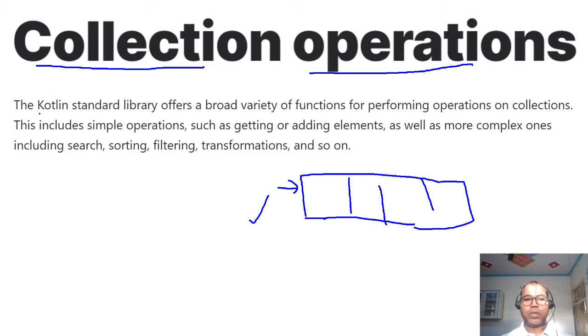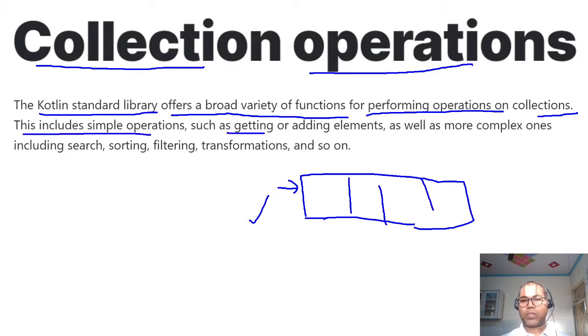The Kotlin standard library offers a variety of functions for performing collection operations. These include simple operations, like getting an object or adding an element, as well as more complex ones, like searching, sorting, filtering, transformations, and other operations.